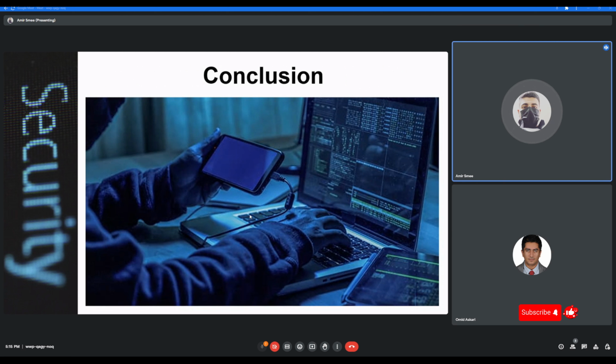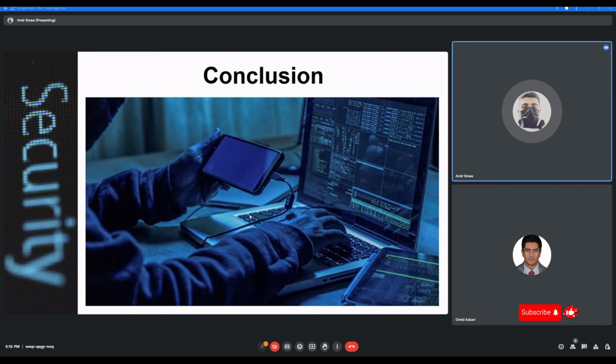The evolving nature of networks with the adoption of IP version 6 has introduced both new challenges and capabilities in mitigating IP spoofing. The use of security measures such as packet filtering, IPsec, and proper network design is critical in defending against such attacks.